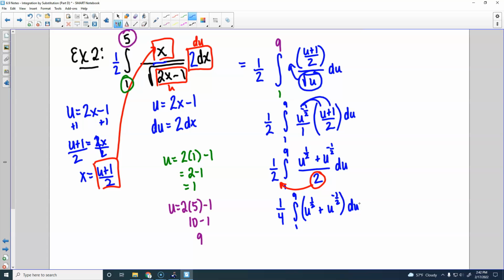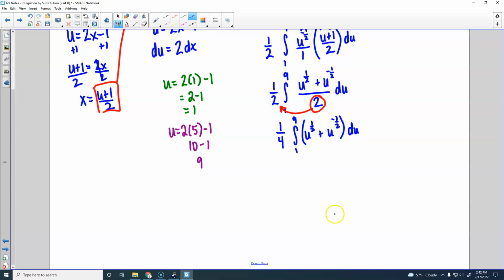We're not going to move it. We're just going to integrate using power rule because these are separated out by a plus sign. We don't have any fractions or anything left. This is not raised to a power. So we'll do u to the 3/2. Let's leave the 1/4 out here, the bracket here. Then we've got to divide out front by the 3/2, which is actually just going to flip the fraction. So we'll have 2/3. And then we'll have u to the 1/2.